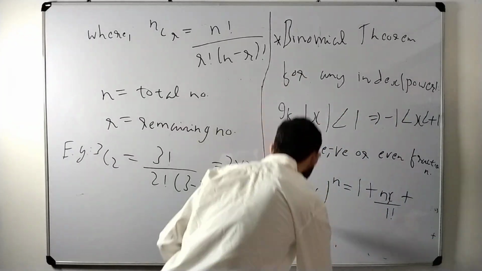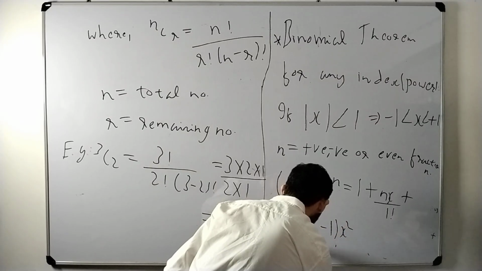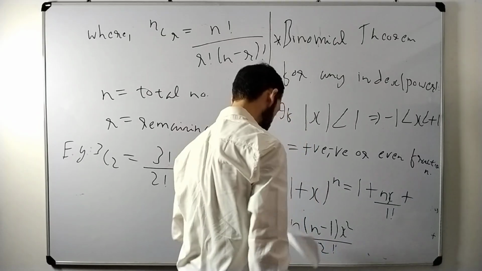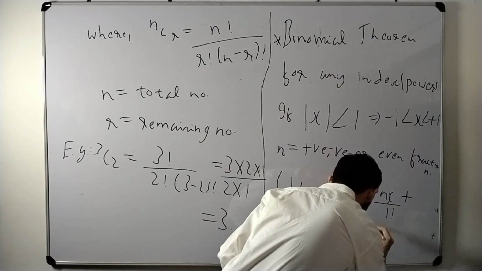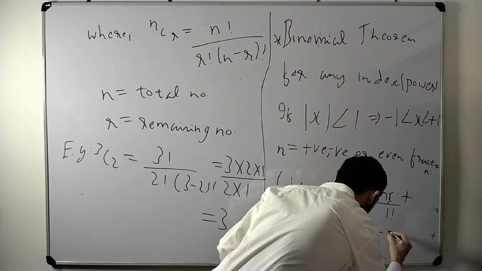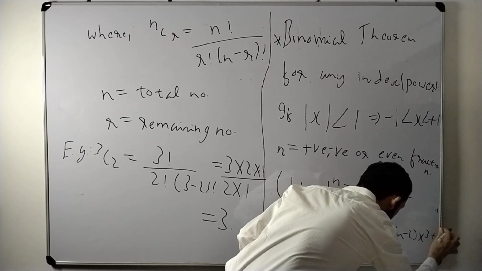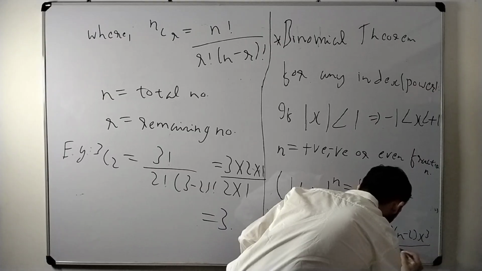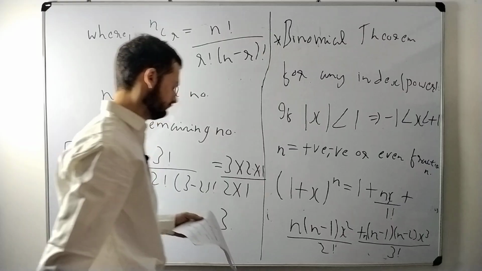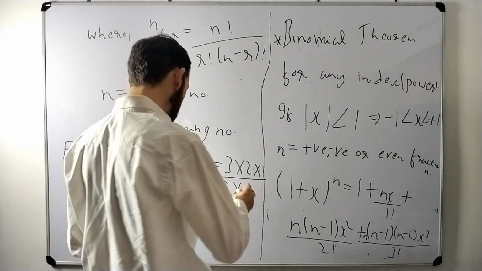Plus n(n minus 1) x square over 2 factorial, plus n(n minus 1)(n minus 2) x cube over 3 factorial. Okay, students, so this is the thing.